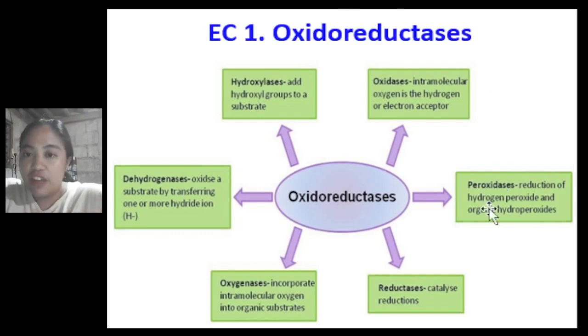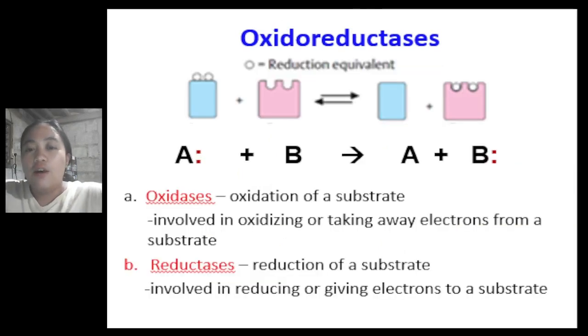So these are the different types of oxidoreductase. First ones are oxidases. From its word, oxidation of a substrate. This involves oxidizing or taking away electrons from a substrate. Another is reductases. So reduction, or giving electrons to a substrate.